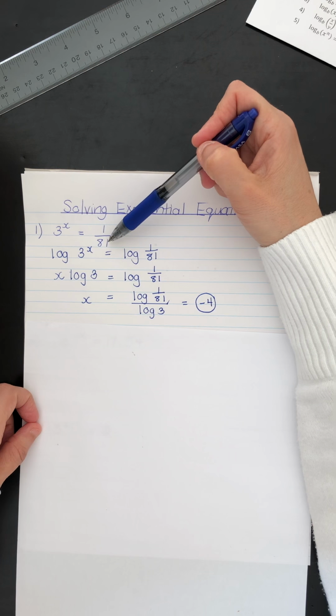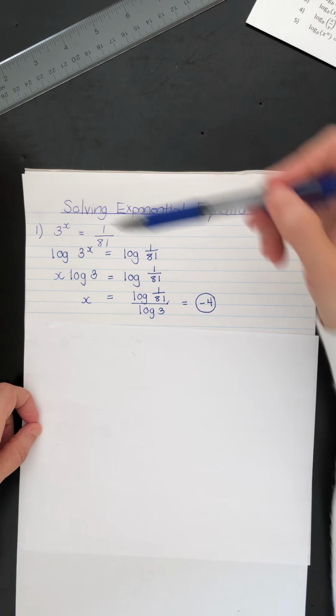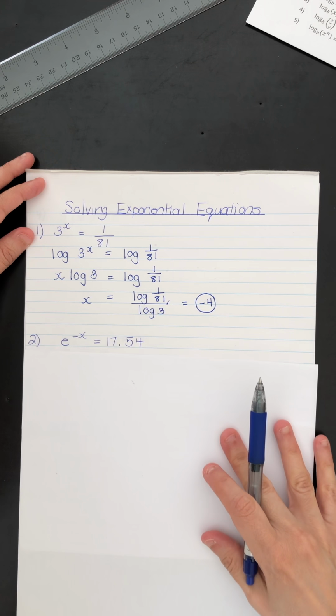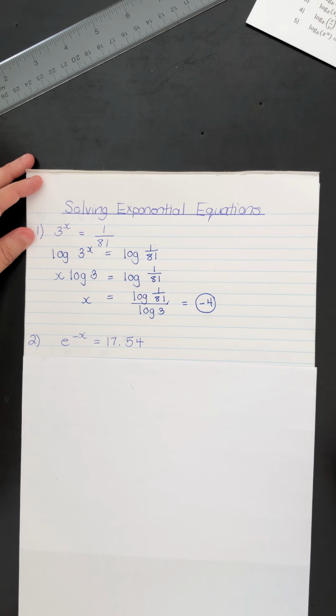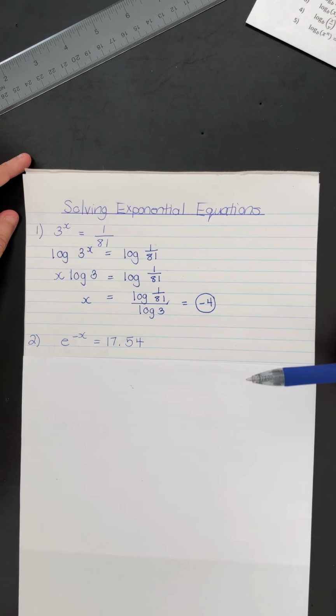If you know that 81 is 3 to the power of 4, you could have guessed the value of this x equal to -4. They won't always be integers, however, so let's move on and look at this example.